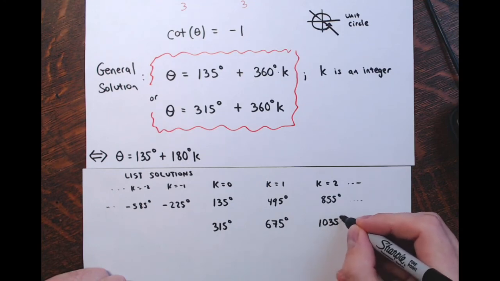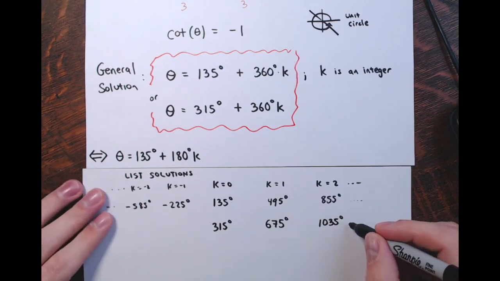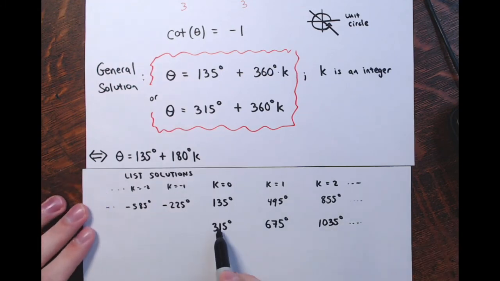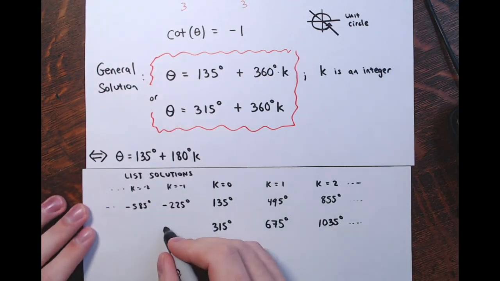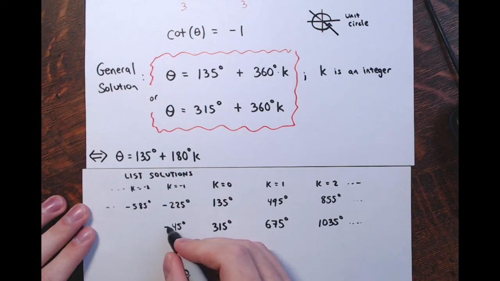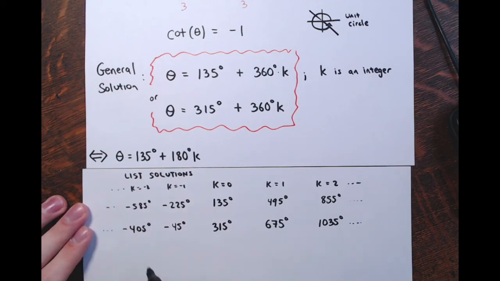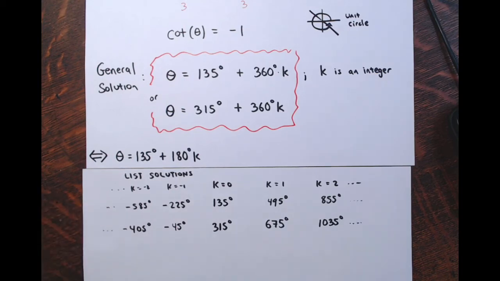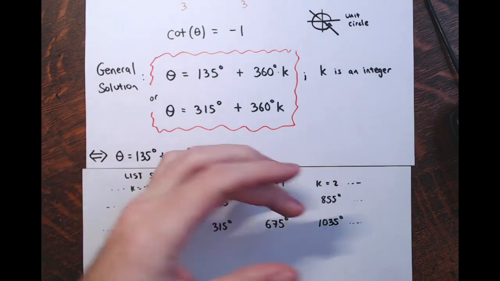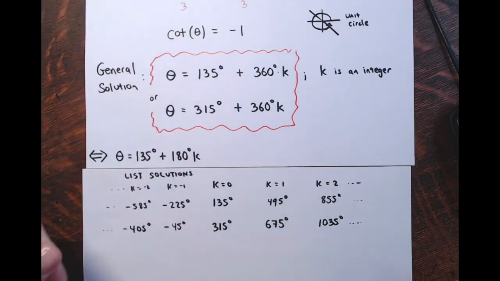I could replace theta with 1035 degrees and it would make that true. Subtract 360, I'd get -45. Subtract another 360, it's -405, and so on. Again, I could do this all day long. And right now, here I've just shown you 10 solutions to this equation, 10 values of theta that make it work.